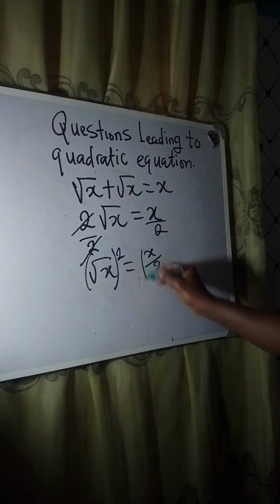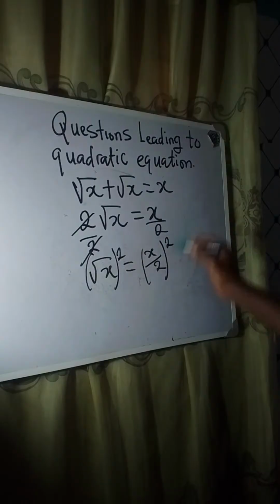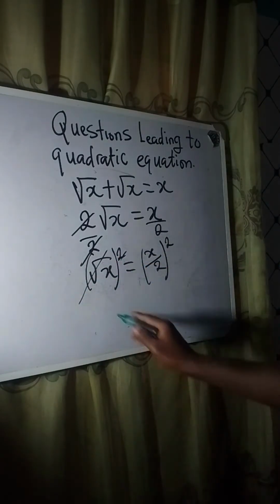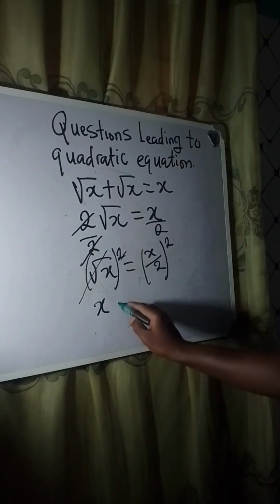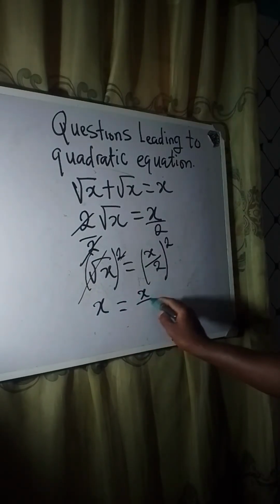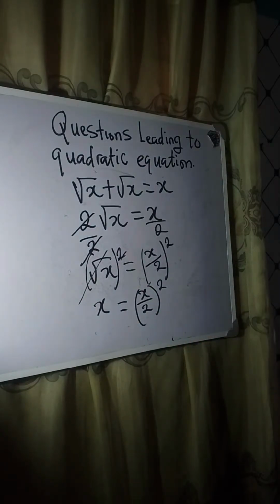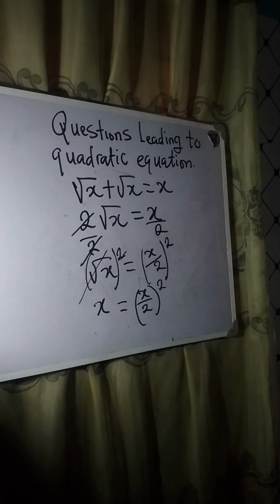And what you do on one side, you do on the other side. So this and this will now go, so that x will be free, and it's equal to x over 2 all squared. I believe we are all trying to get this right.